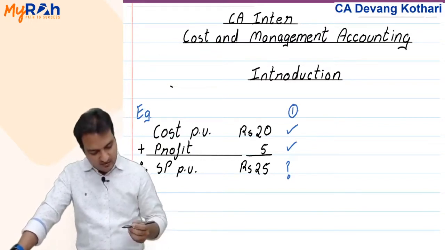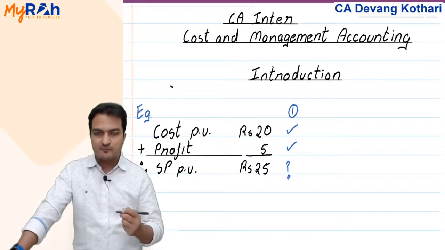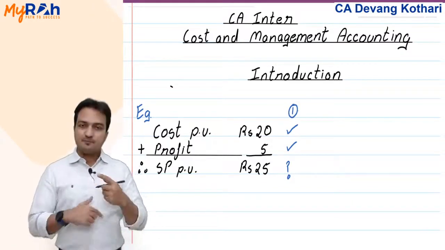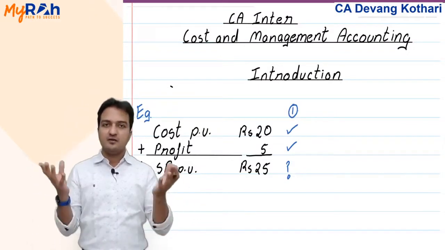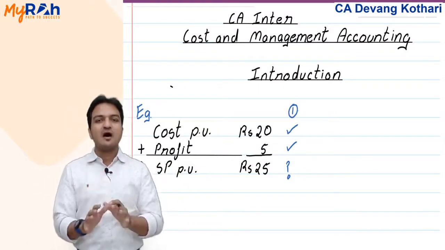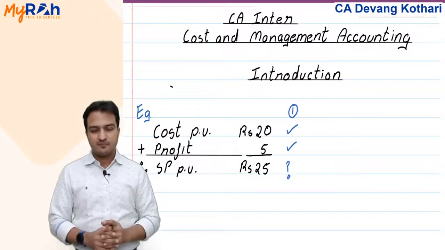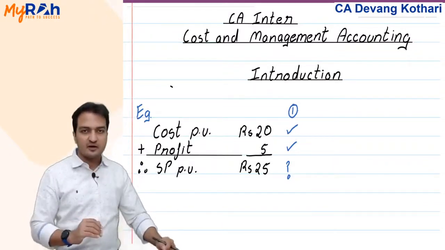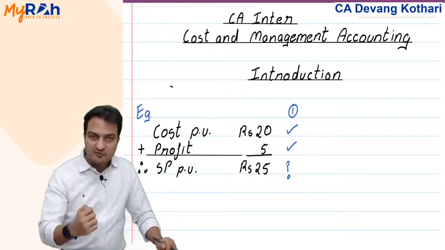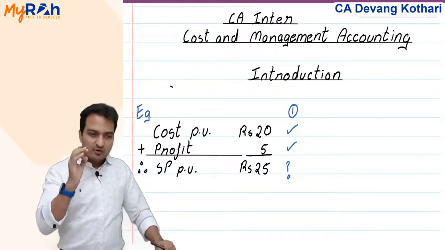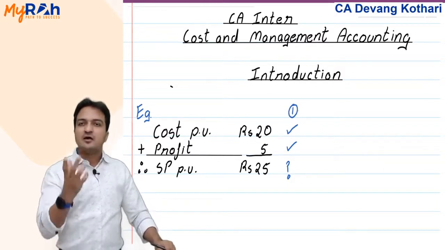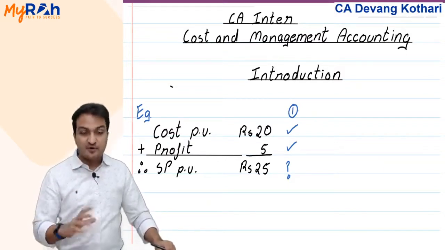That is why my difference number three is this. Look, in financial accounting, whatever balance sheet and P&L I make will contain actual cost, actual details. Historical cost concept, that was a concept when you started learning accounts. So your financial accounts contain cost details based on the historical cost concept, meaning actual cost.